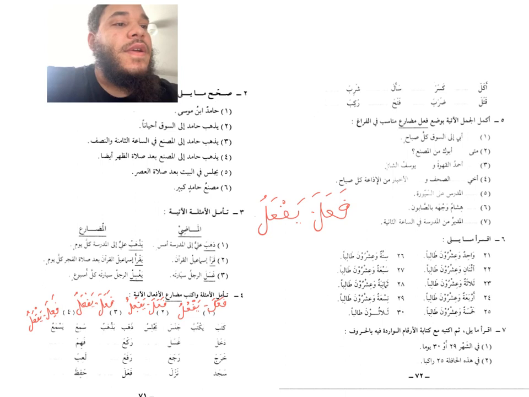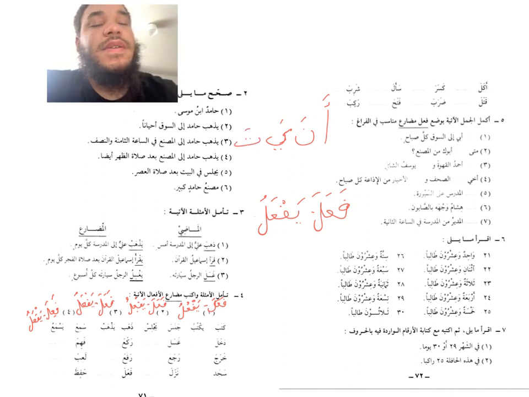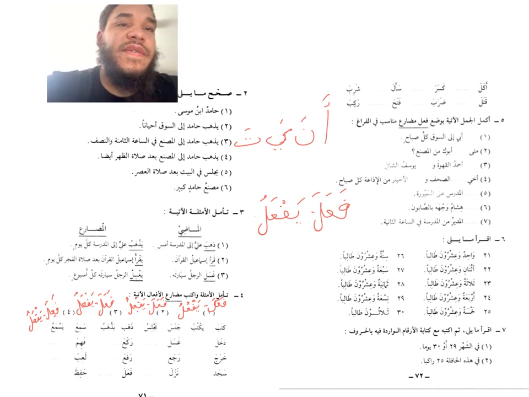So fa'ala, when we make a present tense, we add one of these letters. A for ana, noon for nahnu, and ya for huwa, third person, and ta for second person and third person female.